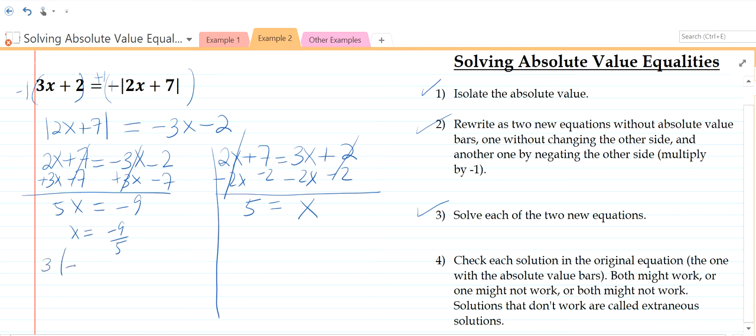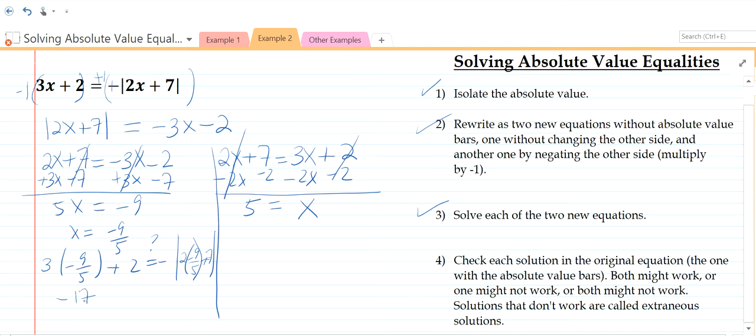So is 3 times -9/5 plus 2 equal to negative of the absolute value of 2 times -9/5 plus 7? Just for sake of time, you could use your calculator or get a common denominator. Well, first multiply. You don't need a common denominator for multiplication. And then for addition, you do.